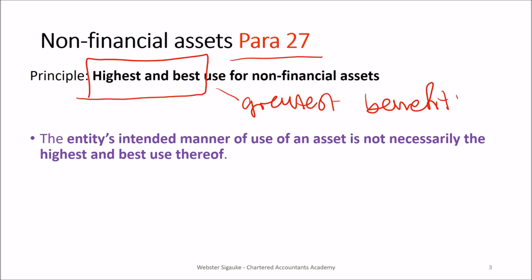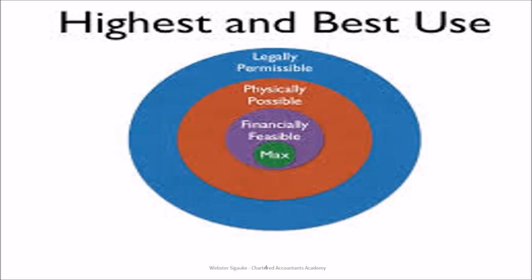So let's say the highest benefit may be using this building as a nursery, but I don't have an intention to use it as a nursery. Does it mean that I do not consider the nursery value? Market participants will say, use this building for nursery. So we take what the market participants say, which means I will take the value from using the asset as a nursery, not for video productions like what I'm doing right now. Okay. So that becomes what we consider.